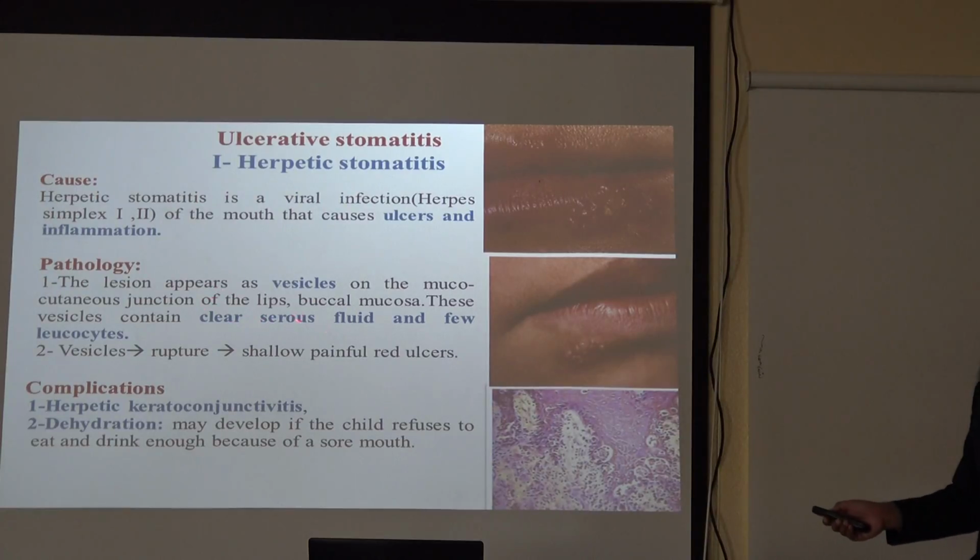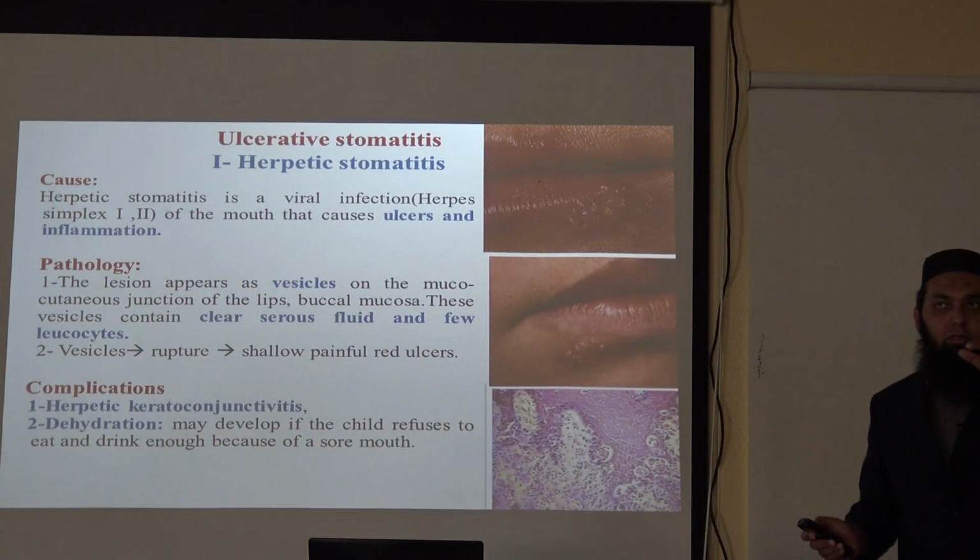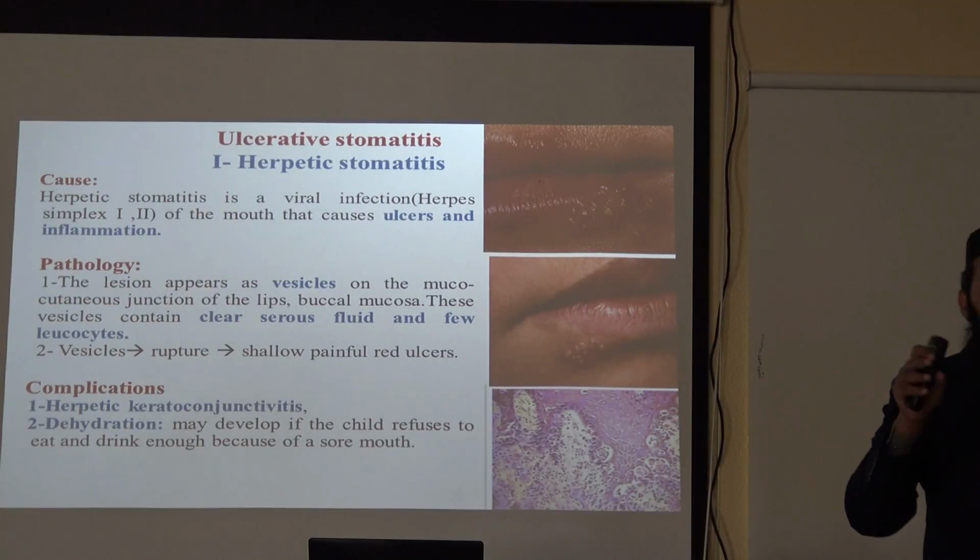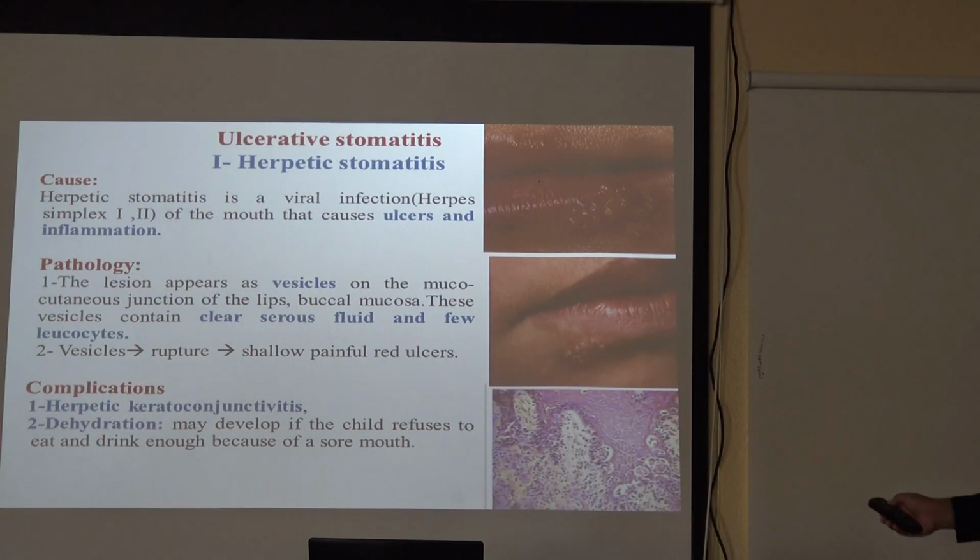Now the pathology. These are the pictures of the lesion. So very small vesicles, which are filled with fluid. The fluid is inside the vesicles. So small vesicles appear, small lesions on the mucocutaneous junction of the lips and buccal mucosa.